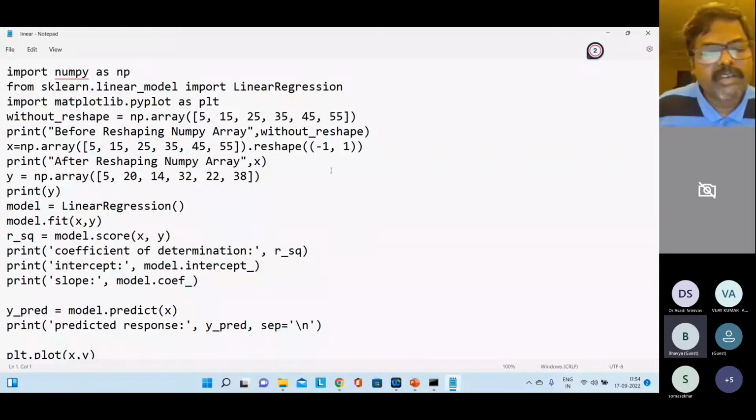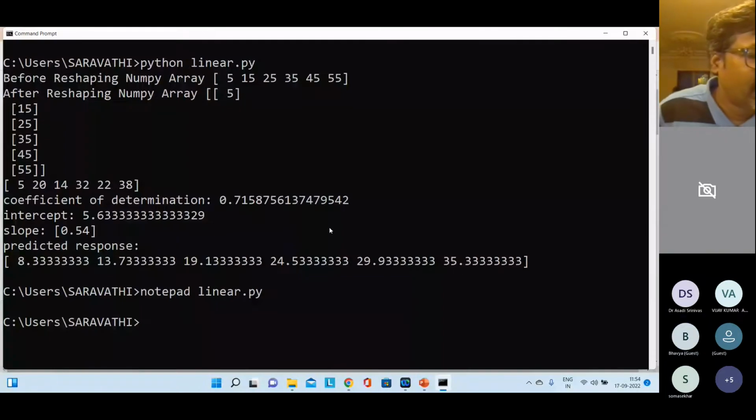We are printing the y predicted value, and finally plt.plot of x comma y, displaying the graph. This is about linear regression. Any doubt? Please unmute yourself and ask.